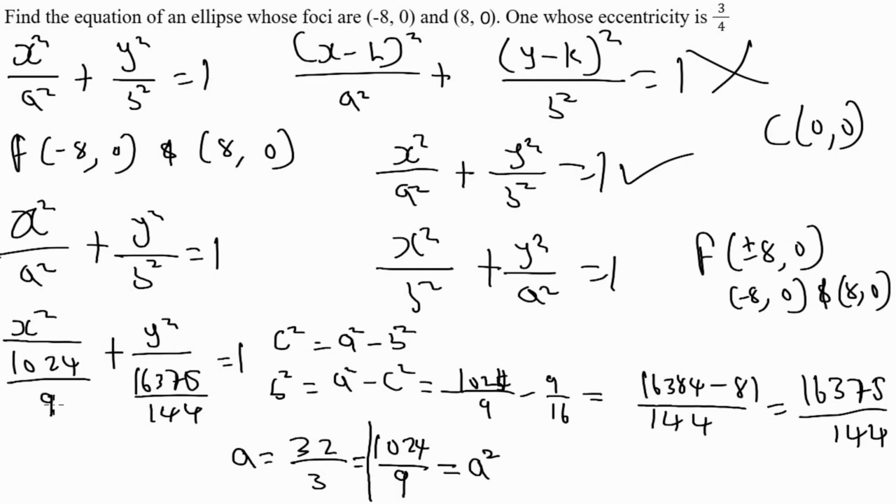Now we can't leave it like this. Let the 9 and the 144 come all the way upward by using the method of keep, change, and flip. So we have 9x squared divided by 1024 plus 144y squared divided by 16375 equals 1. And that is the equation of the ellipse.